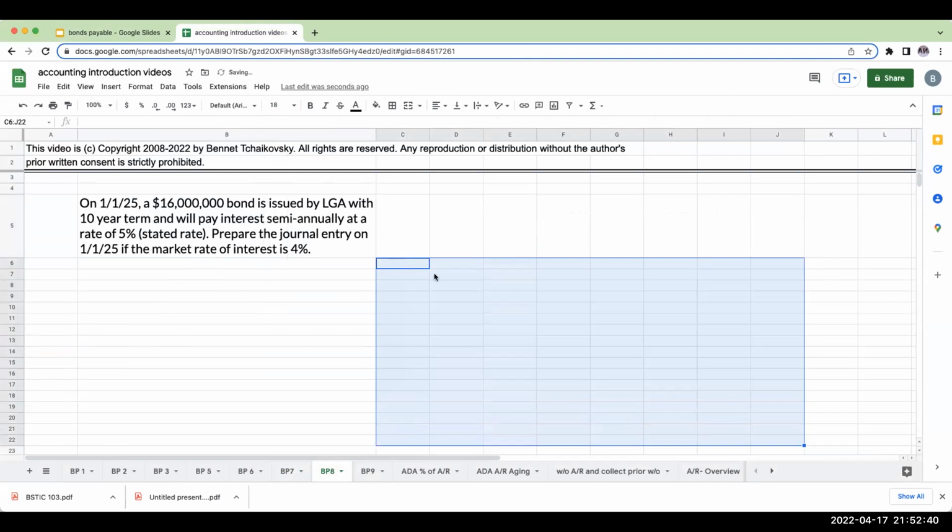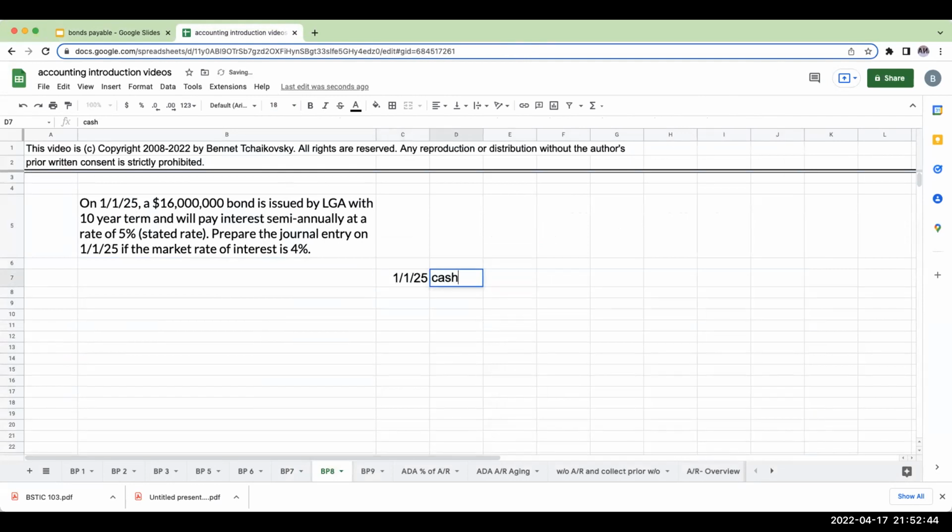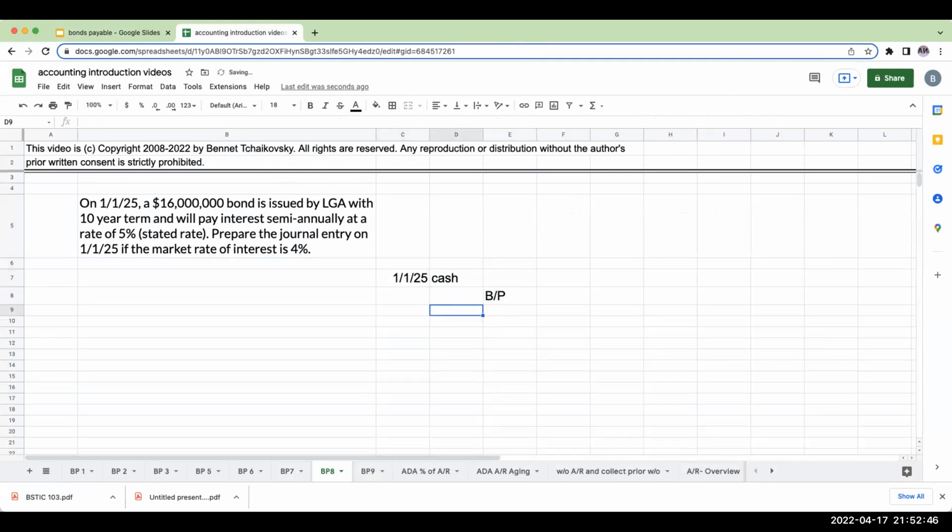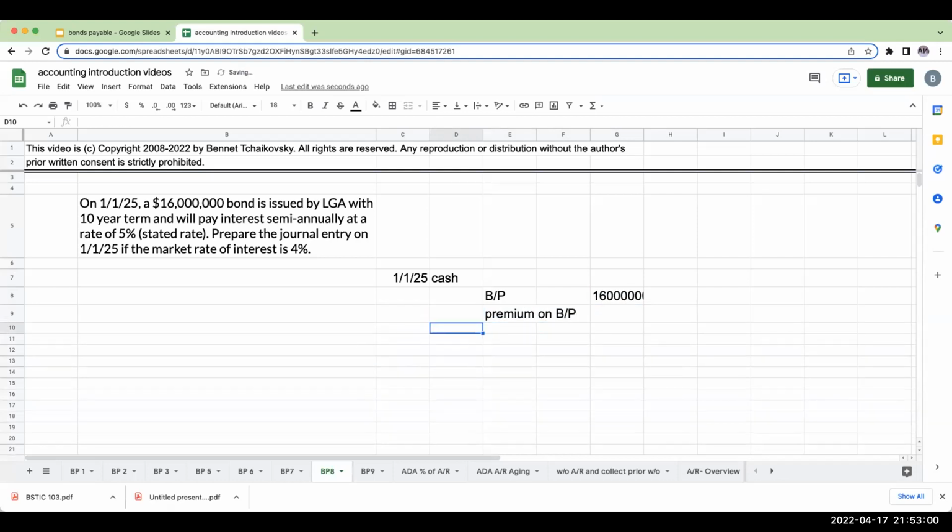So on 1/1/25, we're going to debit cash, and credit bonds payable. We always credit bonds payable at the face value. The face value of the bond is 16 million. I'm also going to be crediting premium on bonds payable.